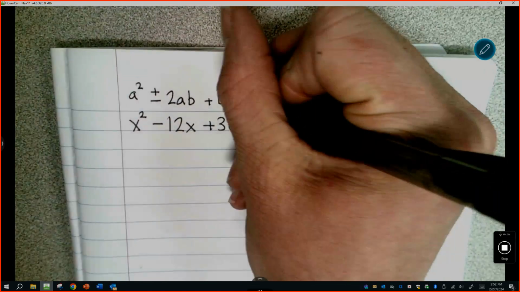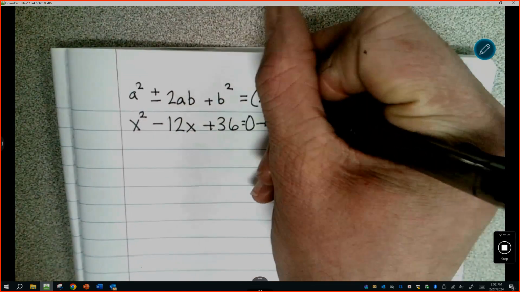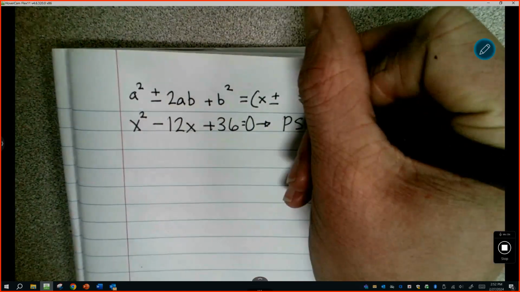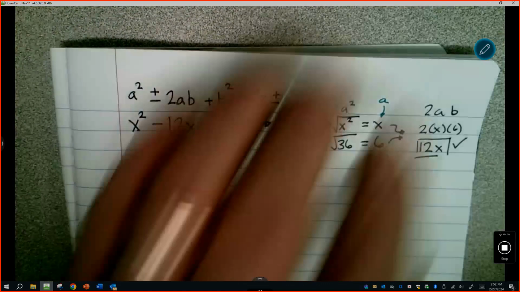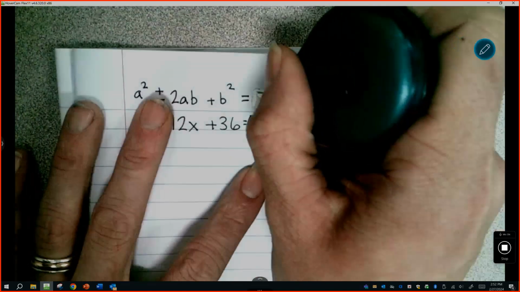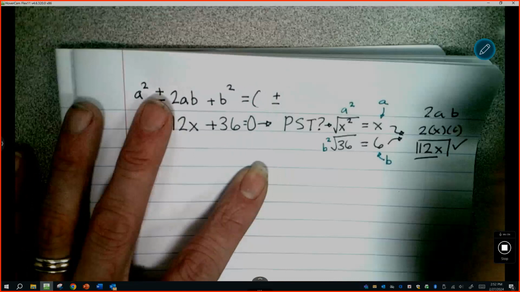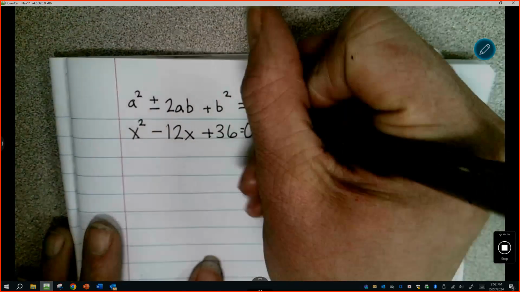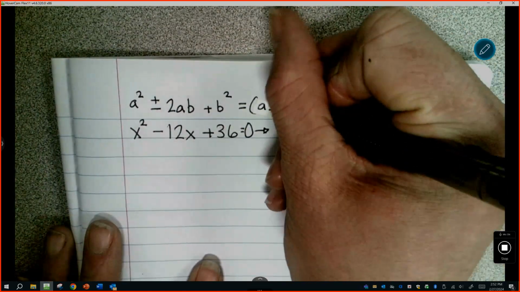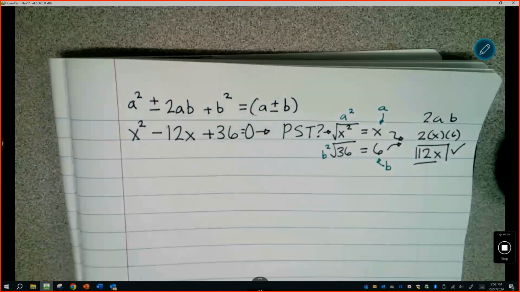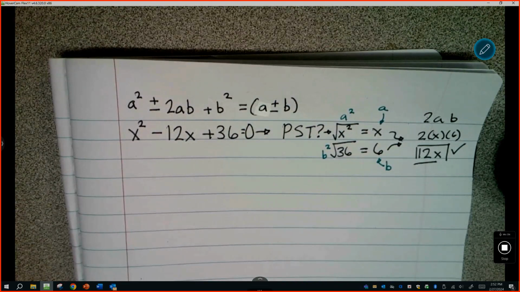And when we do that, we can rewrite it as A plus or minus B, squared. So there's a positive version and a negative version. You're not going to use both. You're going to do one or the other.